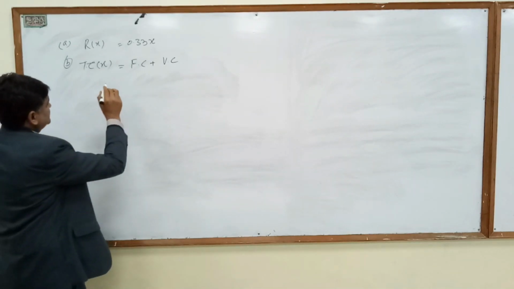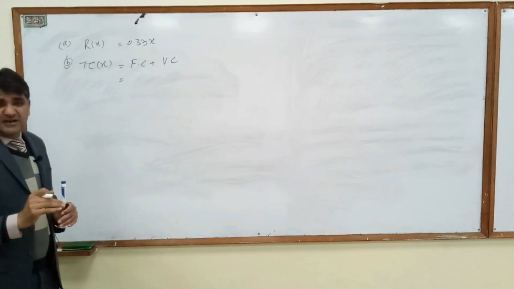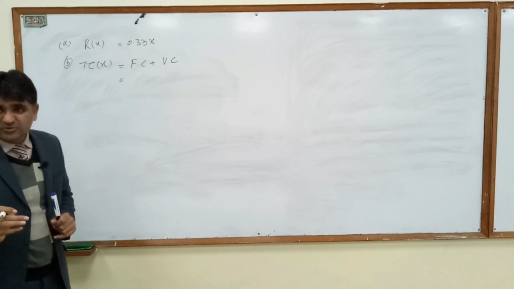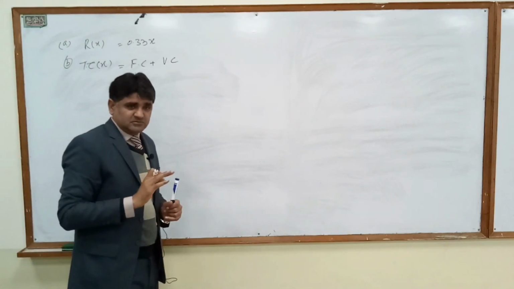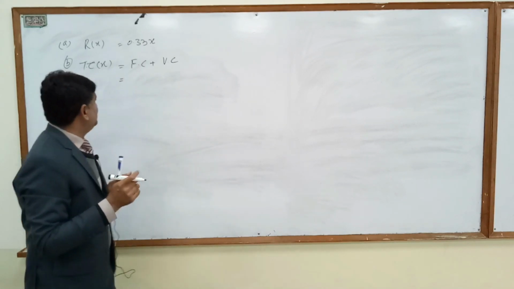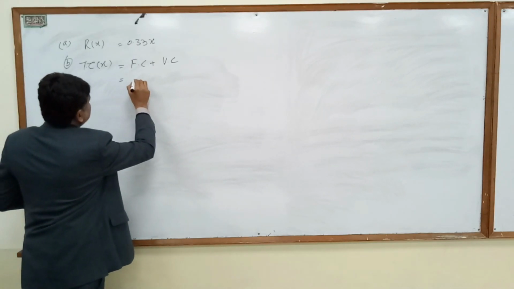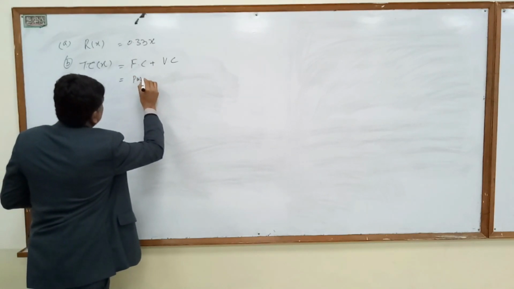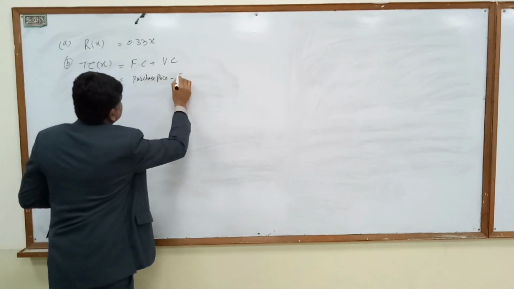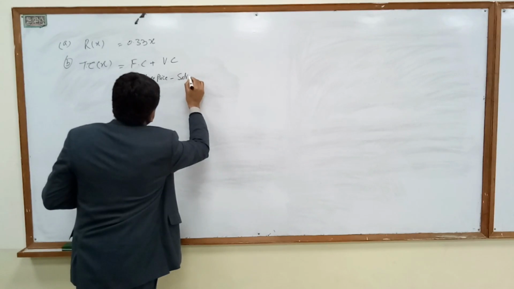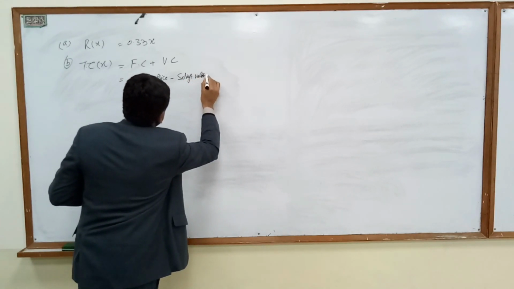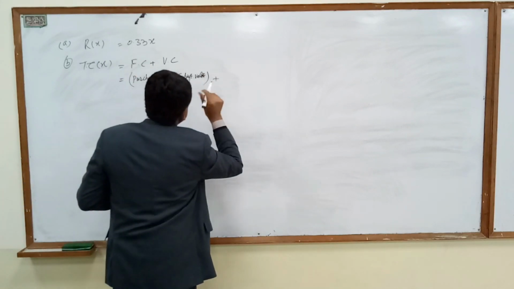Fixed cost is the purchase price minus salvage value. If there is no salvage value, then purchase price is the fixed cost. So purchase price minus salvage value plus variable cost.